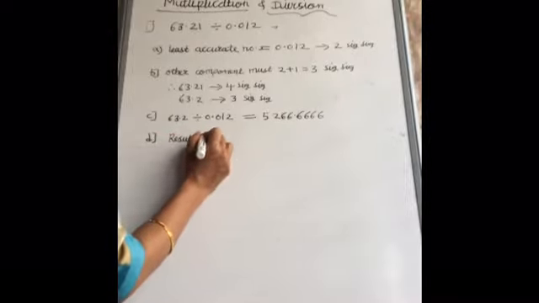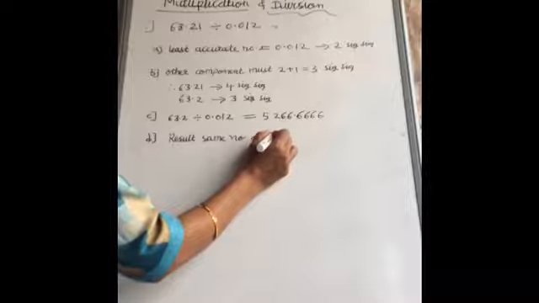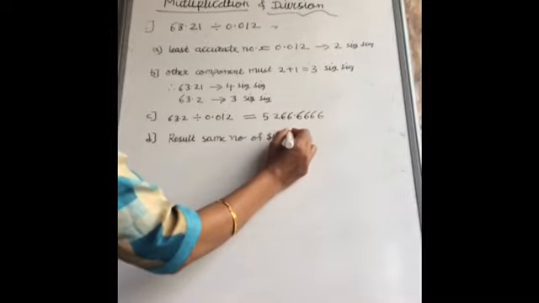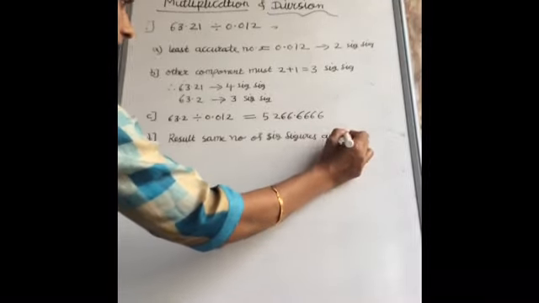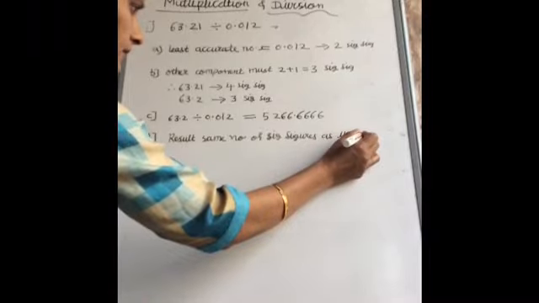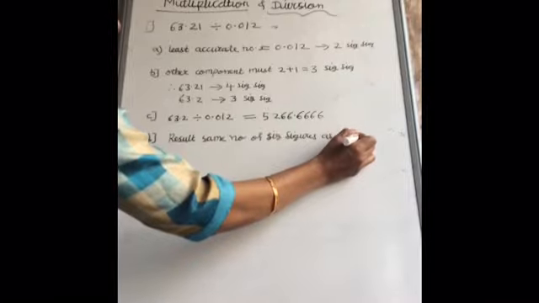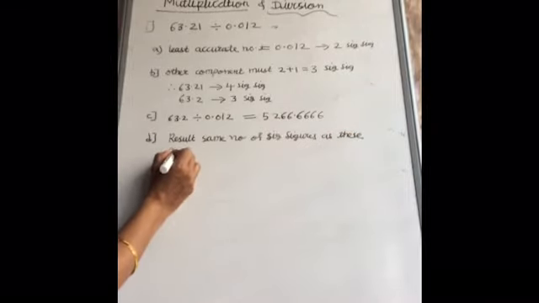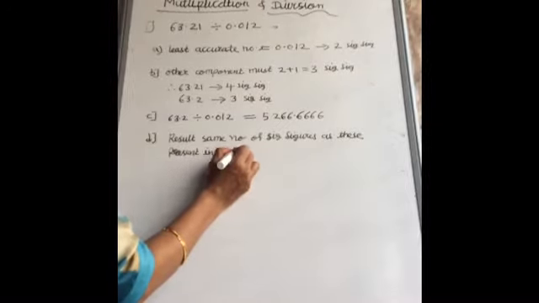Now the fourth rule: the result should have the same number of significant figures as are present in the least accurate number.